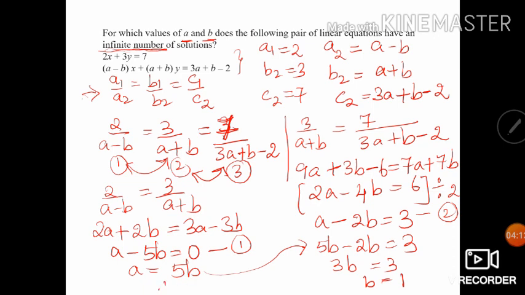And therefore the value of a will be 5 into 1, which is 5. So we have found the values of a and b using the condition that this pair has infinite solutions.